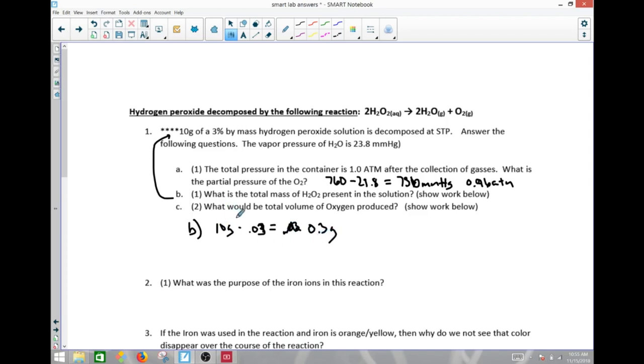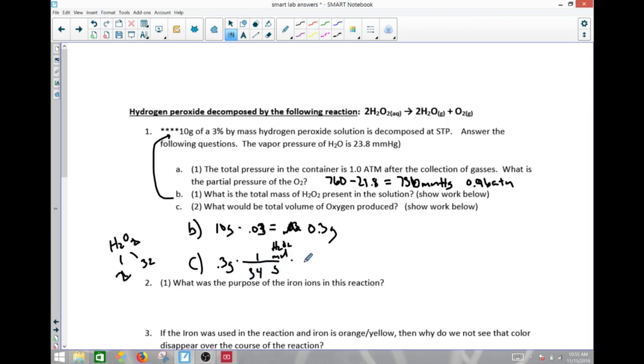All right, what would be the volume of the oxygen produced? Show work below. Okay, so we're going to do this closely. We got 0.3 grams, dot line, get rid of grams and go to moles. This is the hydrogen peroxide, H2O2, 1 mole. H2O2 is 2 plus 32, and that's 34 grams.